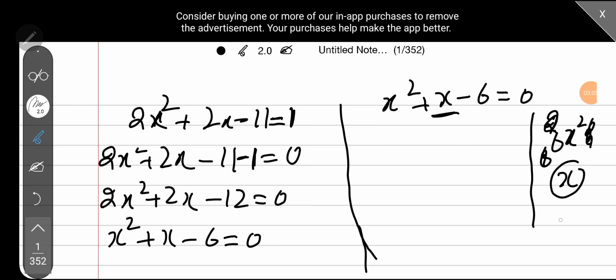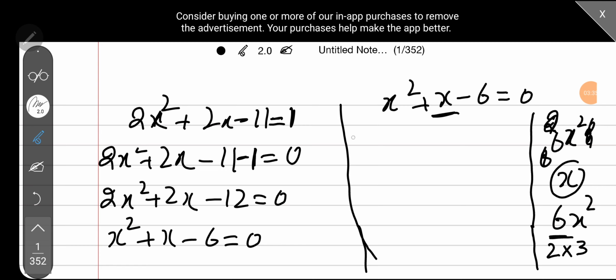If we look into the factors of 6, the first factor that comes into our mind is 2 multiplied by 3, which is 6. When we add these two values, it will give us x, and if we multiply these two values, it will give us 6x square.